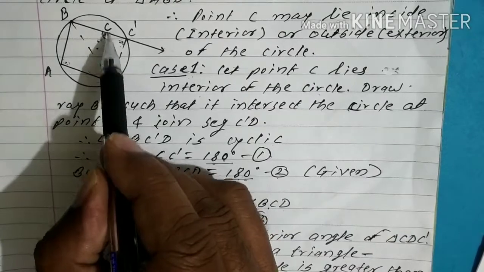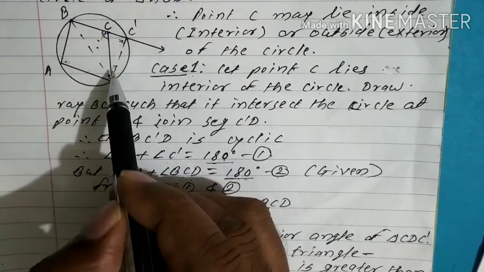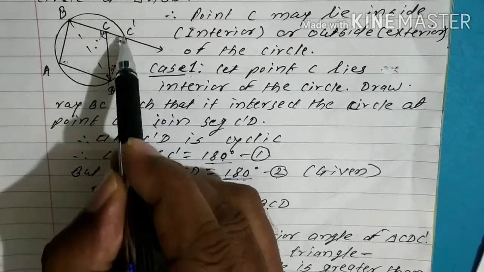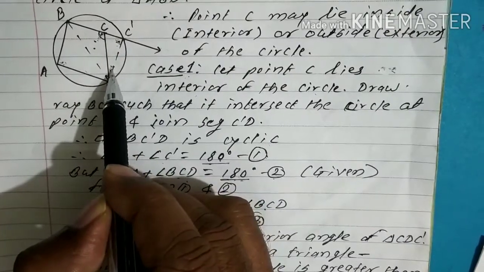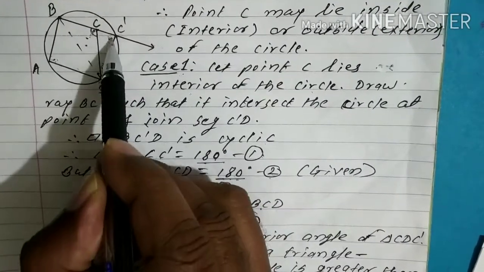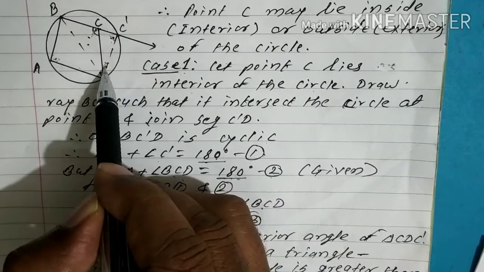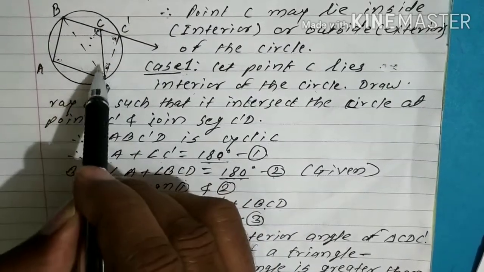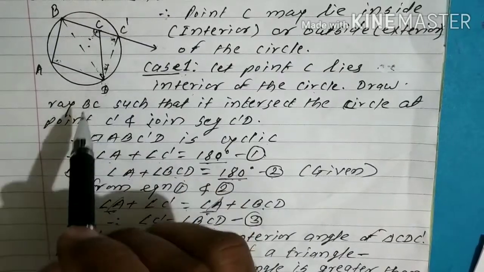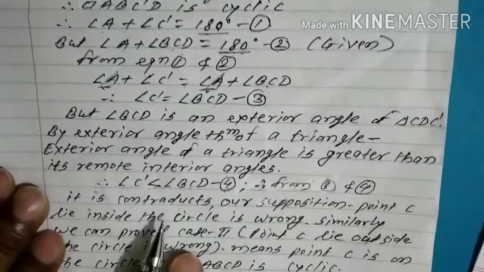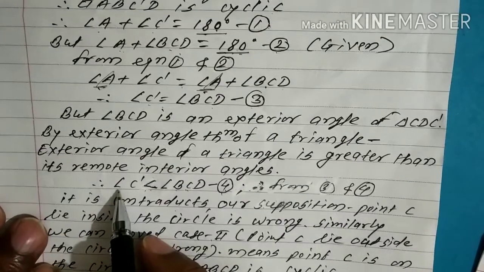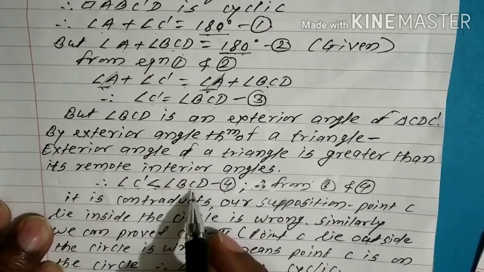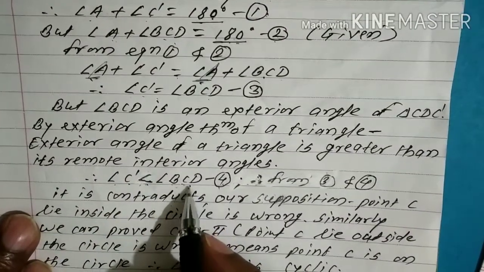In this triangle CDC dash, angle C dash and angle D are the remote interior angles. These remote interior angles are smaller than angle BCD. Hence, angle C dash is less than angle BCD, means angle BCD is greater.